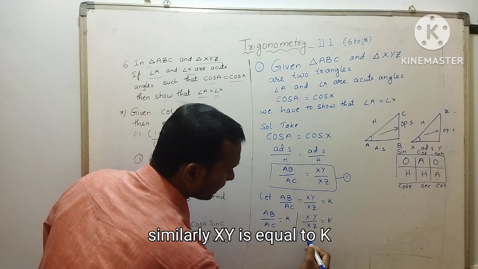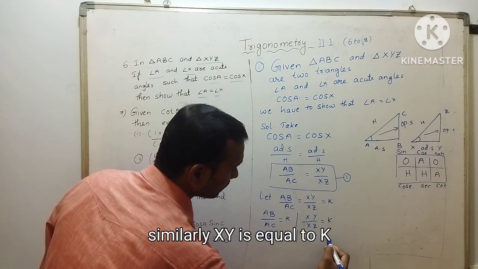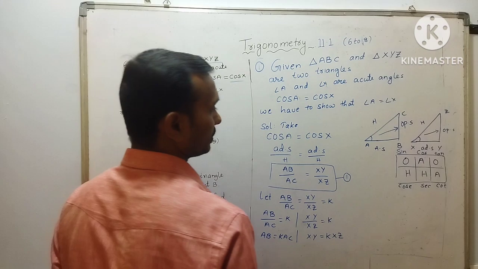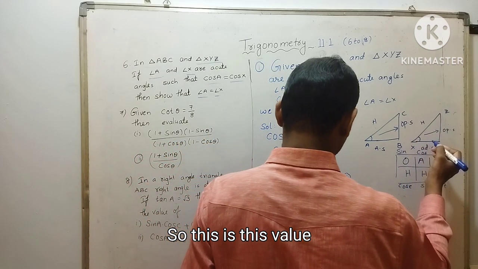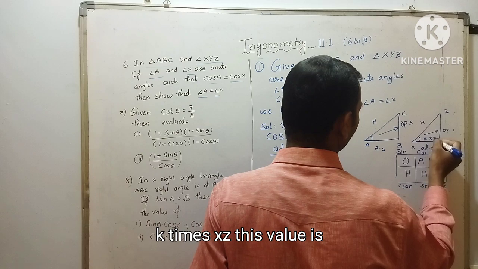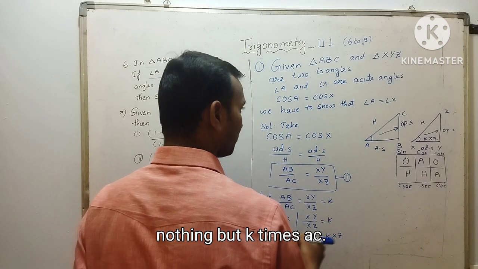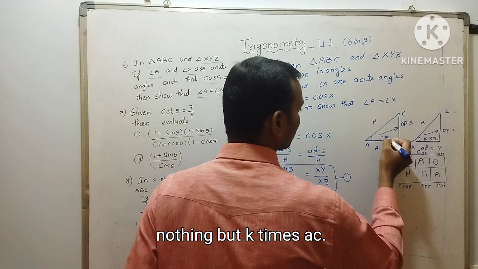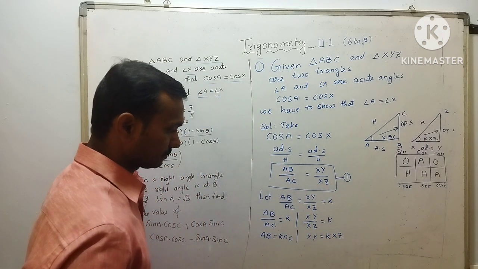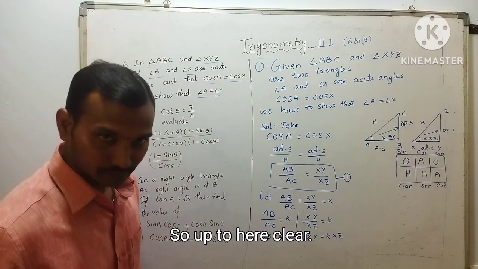Similarly, XY is equal to K times XZ. So this value K times XZ, this value is nothing but K times AC. So up to here clear?